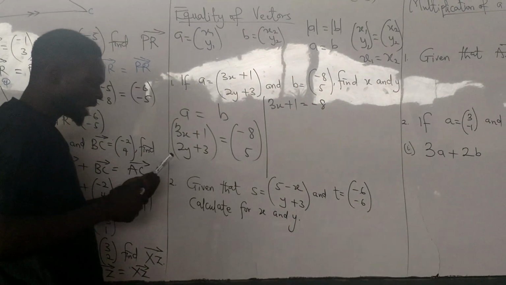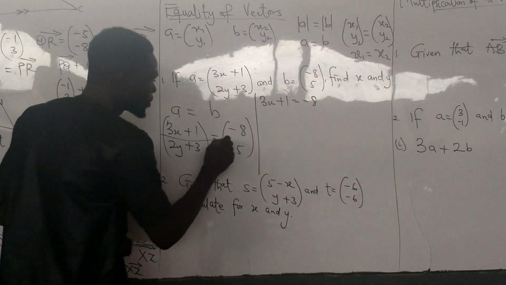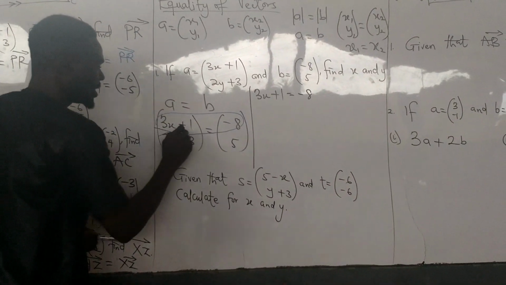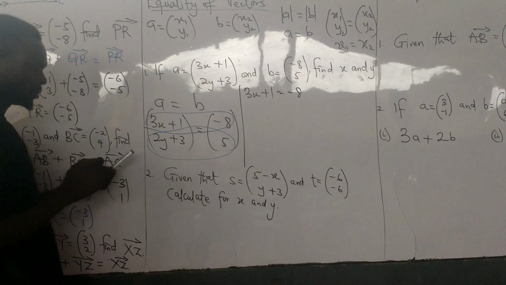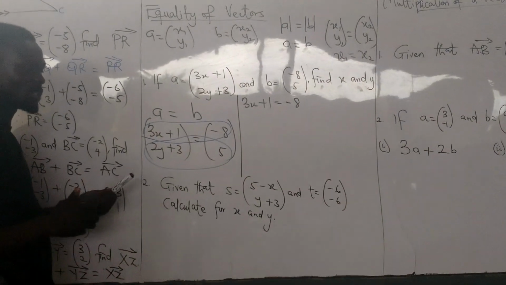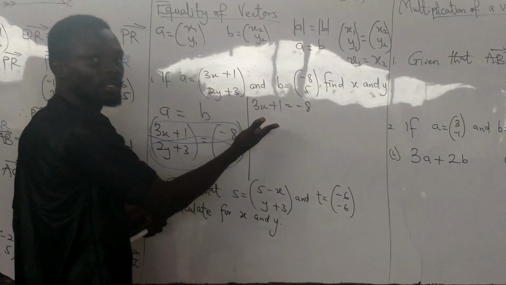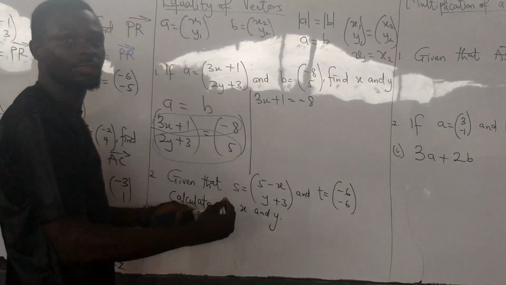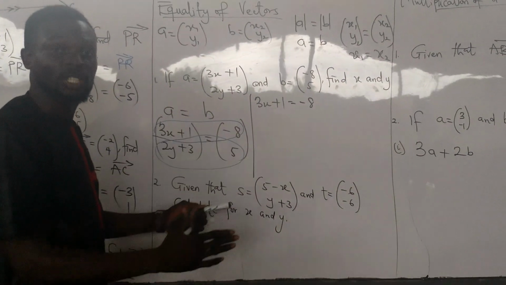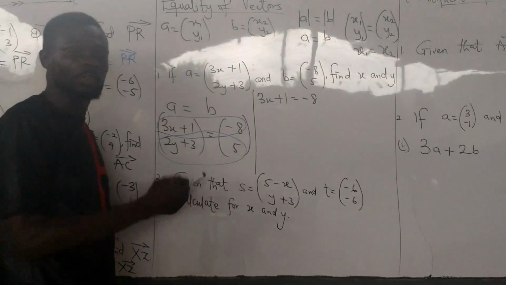So we tackle them this way, with the equal to sign between. This gives us an equation where you have to solve for the unknown.